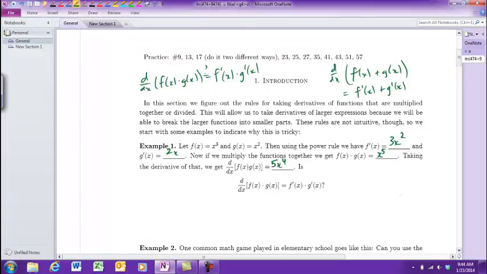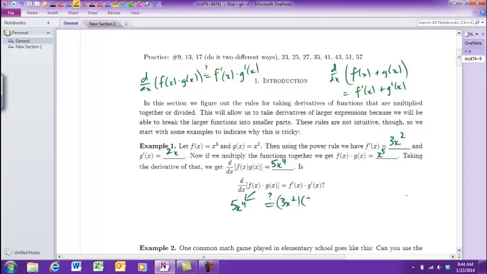And so the question is, will this give me the same thing as if I take the derivative of f and multiply it by the derivative g prime of x? Well, let's see. This thing right here we just saw was 5x to the 4th. And f prime of x we found was 3x squared.